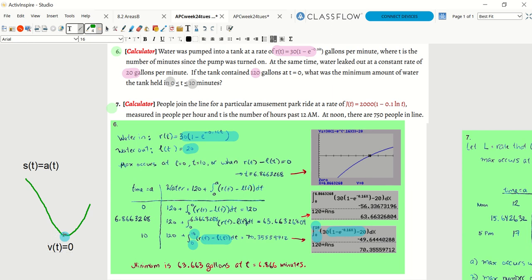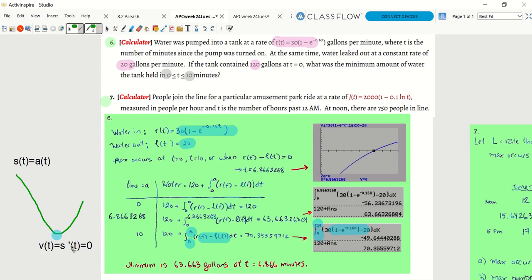Okay, so any local minimum or maximum is going to be when your velocity function is 0. Or better yet, let's just say it this way, v of t, which is the derivative, is equal to 0. So again, let's repeat that.